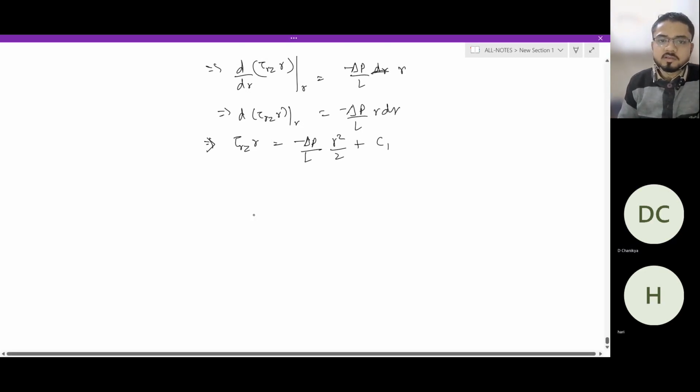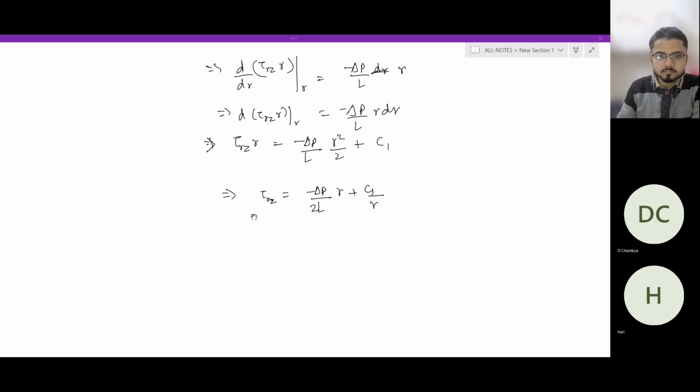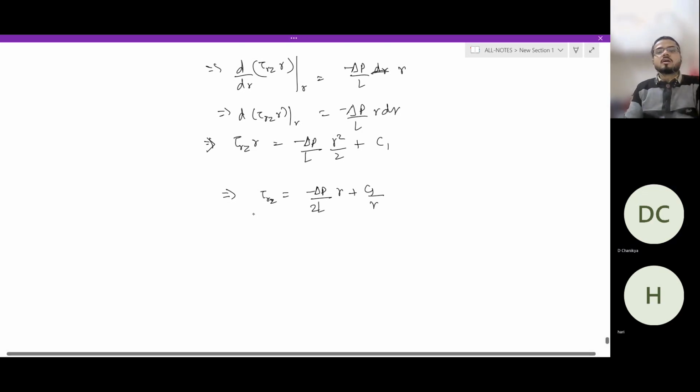So from this, you can write tau RZ equal to minus del P by 2L R plus C1 over R, right? Okay, sir. Okay, this much is fine, right?